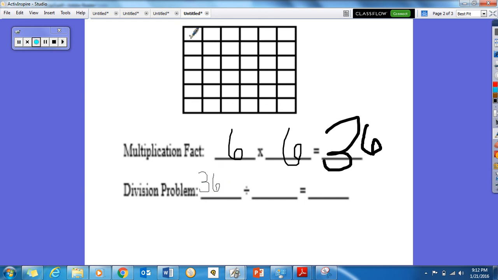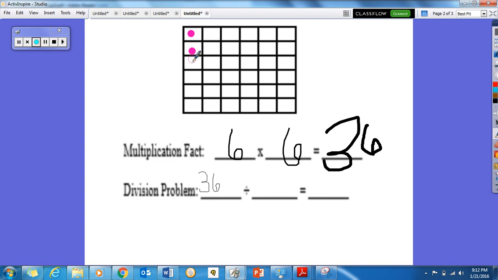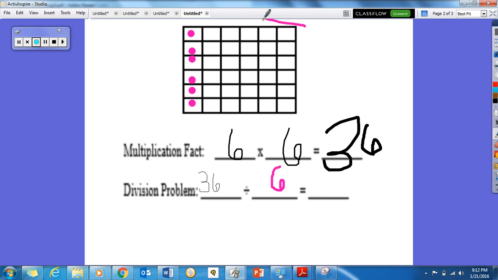And we had 1, 2, 3, 4, 5, 6 groups. And in each of those 6 groups, let's circle our groups. There's 1 group, 2 groups, oops, there's another one, a little floppy. So each row is another group.